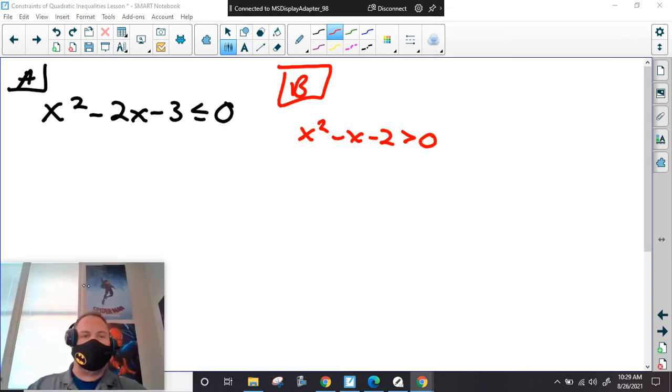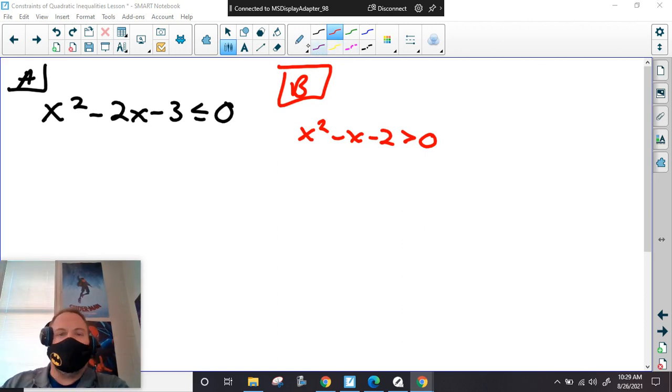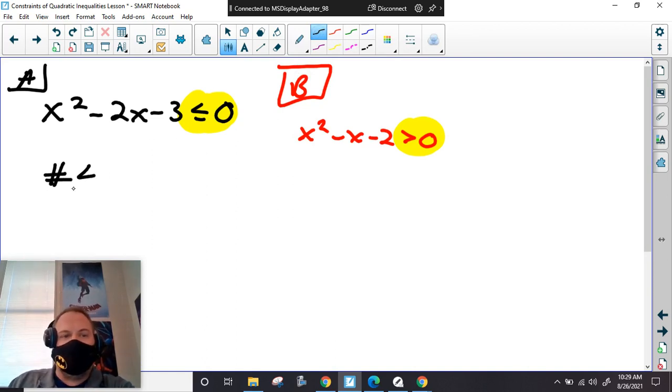Now, if we look at these two problems, what do we notice right here? The signs are different, right? So basically, if the alligator is eating the 0 right here, we got something that looked like a number, this sign, another number.